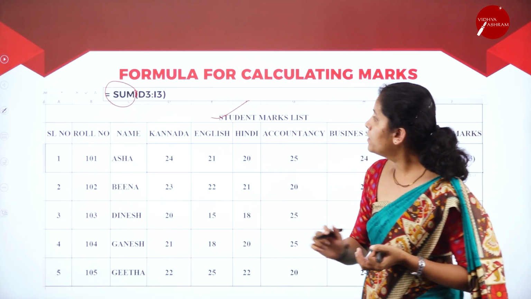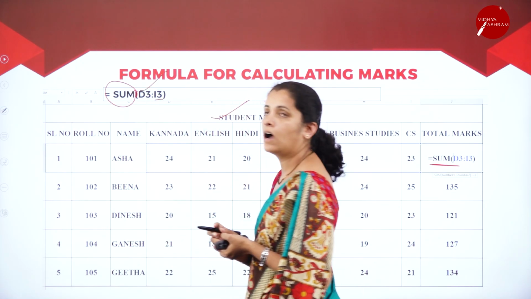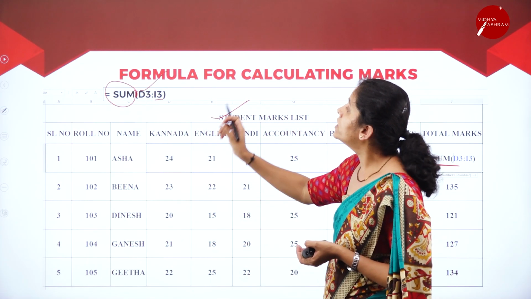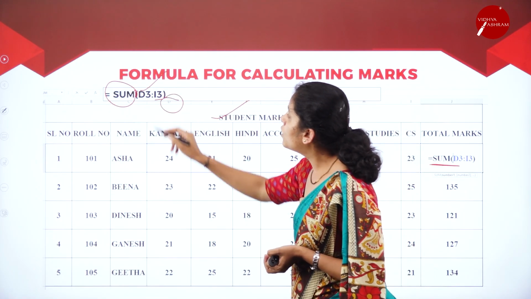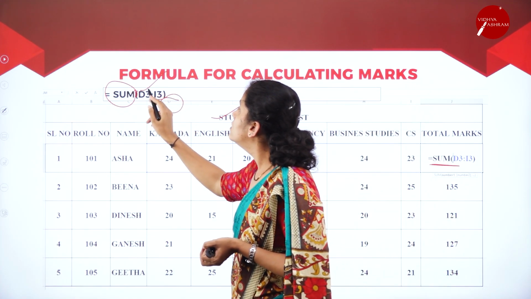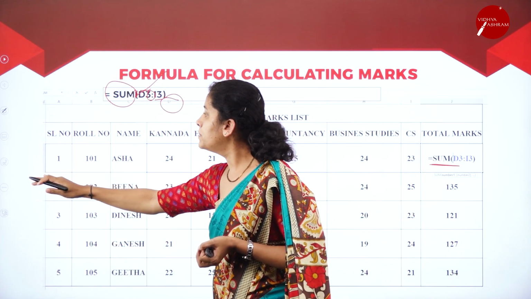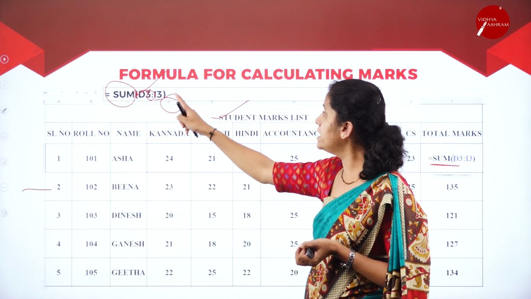Now tell me what is D3 and what is I3. So here D3 is nothing but the column address, whereas 3 is nothing but the row address. So what is D here?